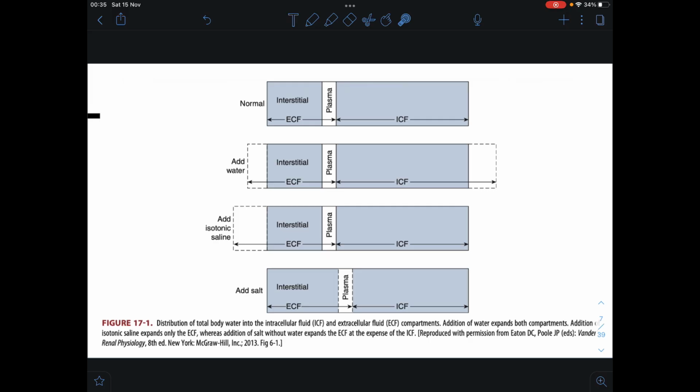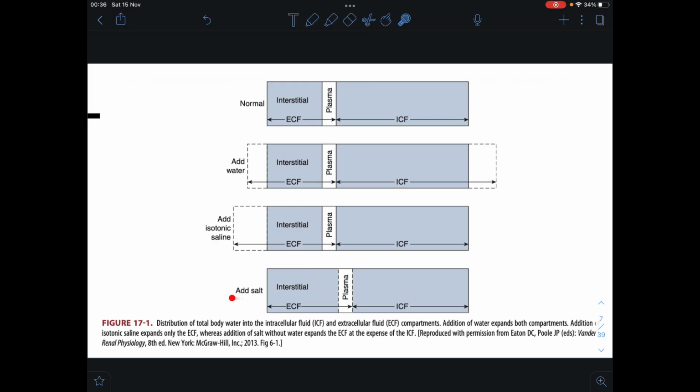That's what we mean when we say that sodium produces tonicity and effective osmolality, keeping the fluids in the extracellular compartment and causing volume expansion. So always, when you have a patient who's in shock, give isotonic saline first.